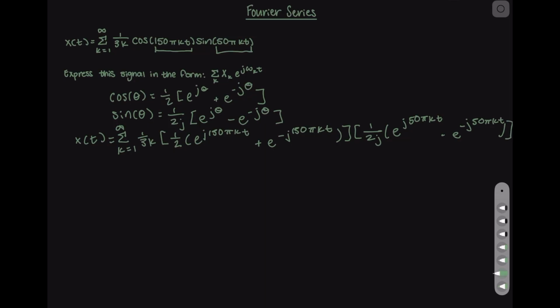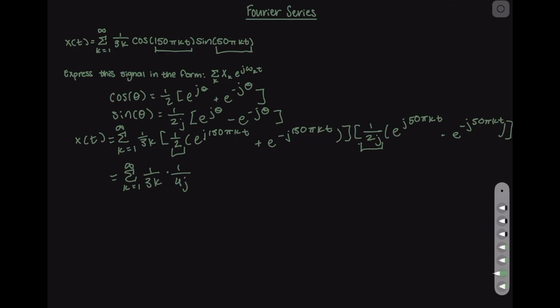Now it's just a matter of distributing all of this out. What I'm going to do first is pull out these coefficients and rewrite this as the sum of 1/3k, and then I'm just going to multiply that by 1/4j.